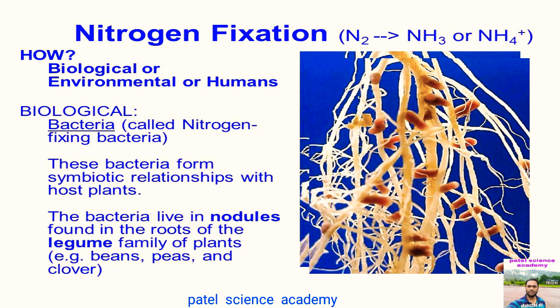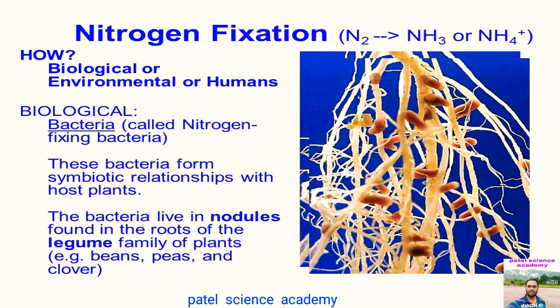What is symbiotic? The bacteria called nitrogen fixing bacteria form a symbiotic relationship with the host plant, and the bacteria live in the nodules found in the roots of the leguminous family of plants.